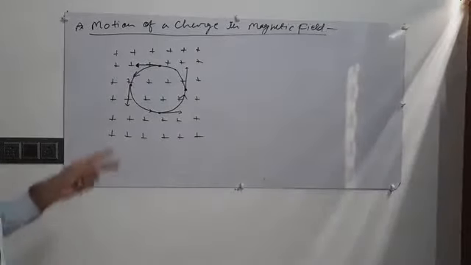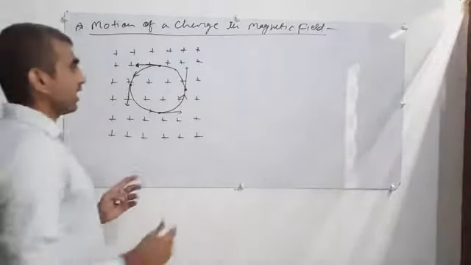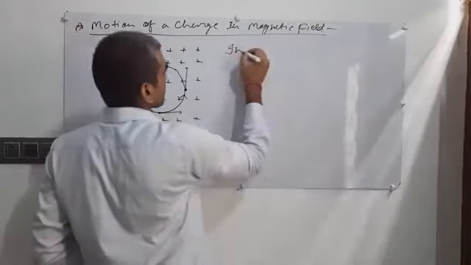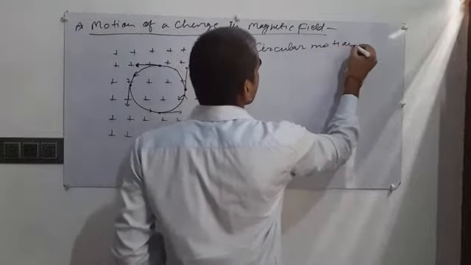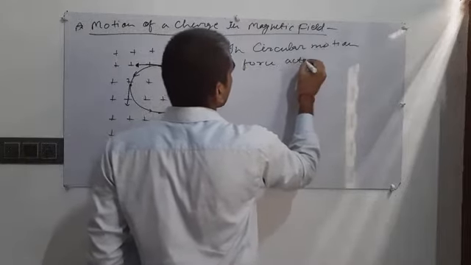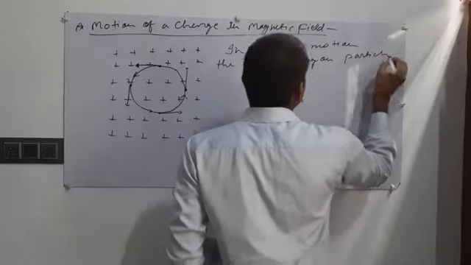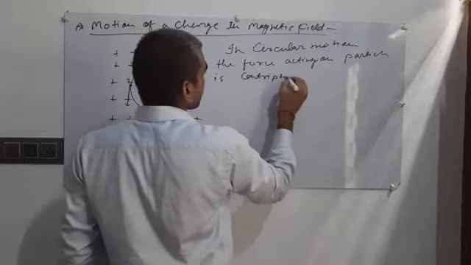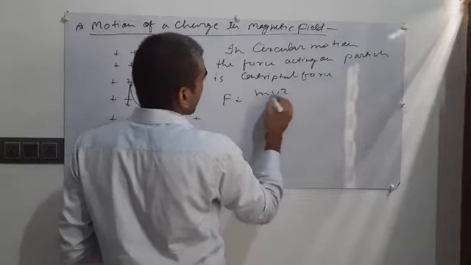Now what is the force? You know that in circular motion the force acting on the particle is centripetal force, which is F equals mv square upon r.